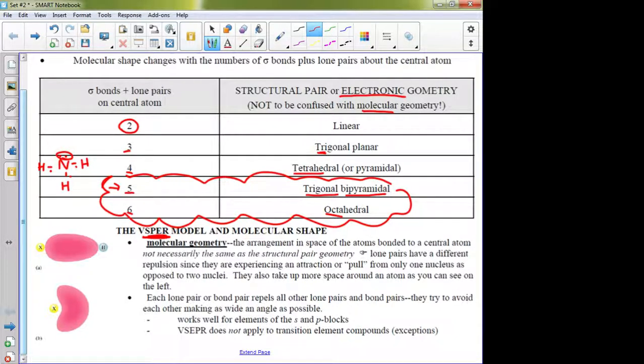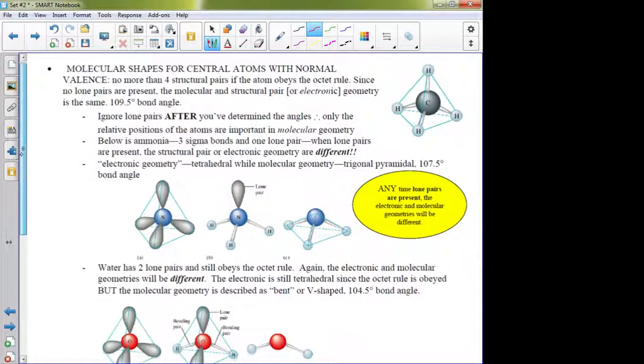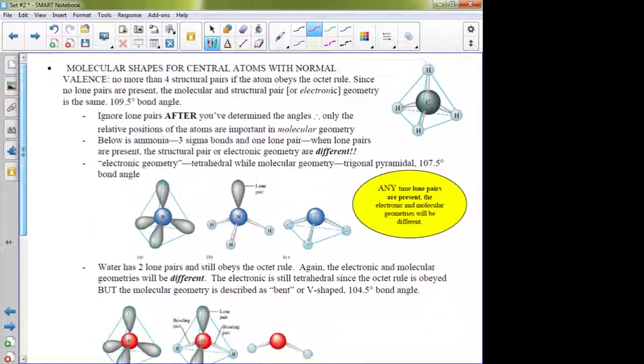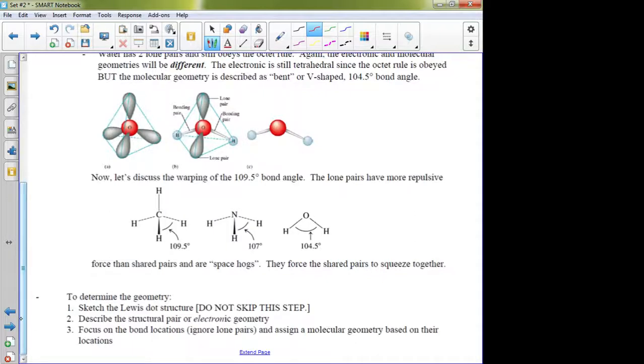So yes, we would say it's tetrahedral as far as our electronic geometry, but this lone pair is going to affect some shapes. Okay, so we're going to talk about how it will affect the shapes. So let's talk about this in terms of 3D. So let's start with something easy like CH4.